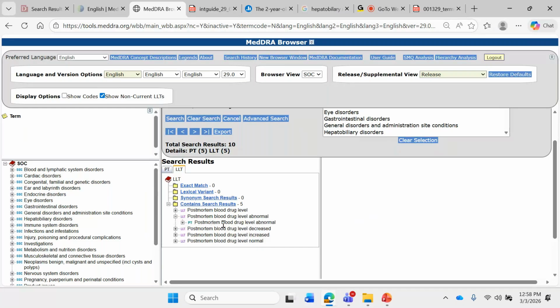Remember, sometimes you use two codes to convey a clearer message. Depending on the scenario, if something was found increased, decreased, or whatever, I would use in addition post-mortem blood drug level abnormal, or increased, or decreased. This would give additional information that this is a post-mortem finding. So we have that post-mortem in here.